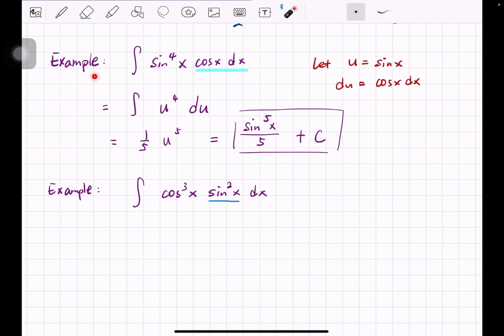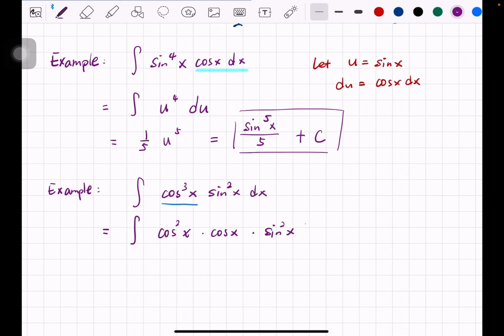Even though this is the first idea I had, once you work it out, you will see that it is a little hard to find the antiderivative. So we want to match the previous example. Let's rewrite the cosine cubed x as one copy of cosine x and two copies of cosine x. So cosine squared x times one copy of cosine x times sine squared x dx.